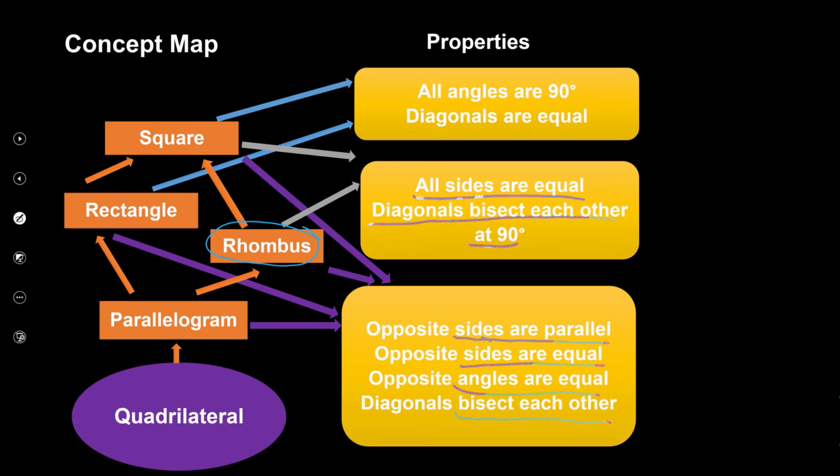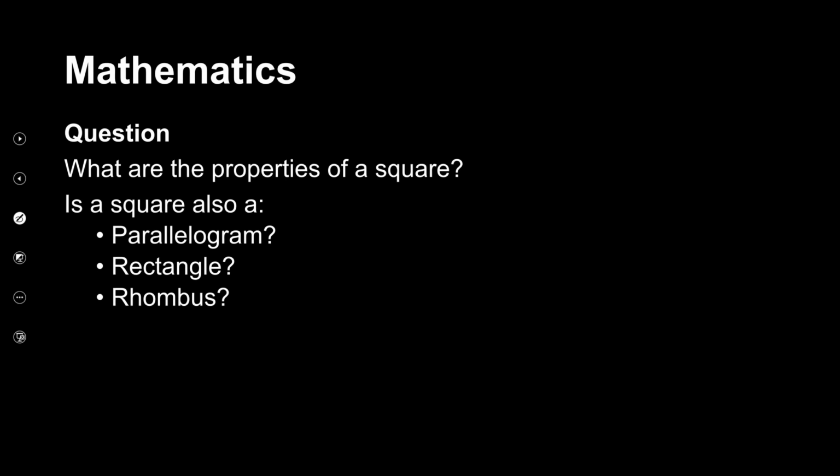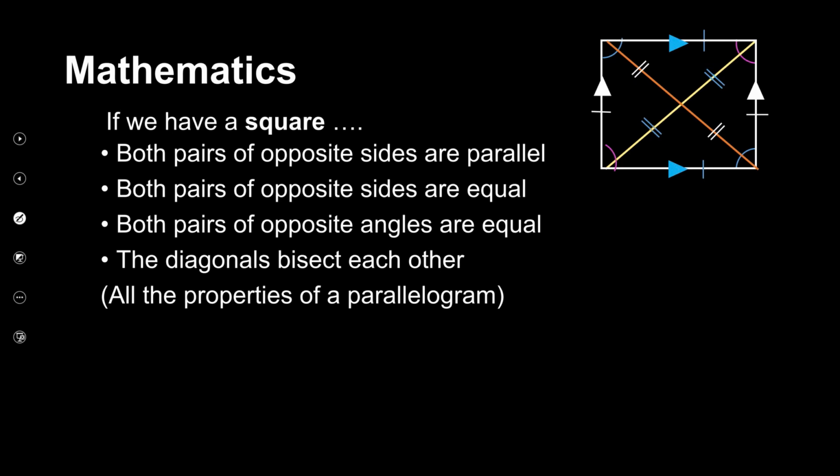specific parallelogram. Now, what are the properties of a square? Also, is a square considered to be a parallelogram, a rectangle, or even a rhombus for that matter? Now, if we have a square, what we know is that both pairs of opposite sides are parallel. So I will have this to be parallel to that, and then I will have this to be parallel to that.